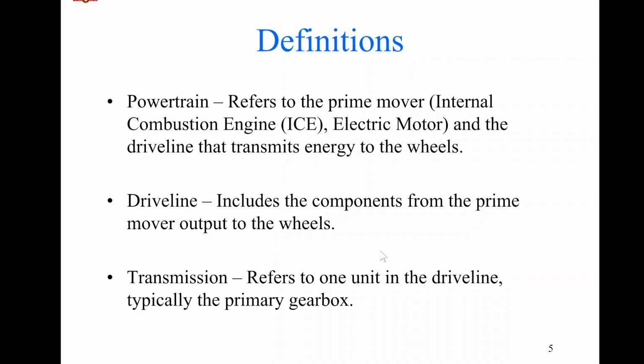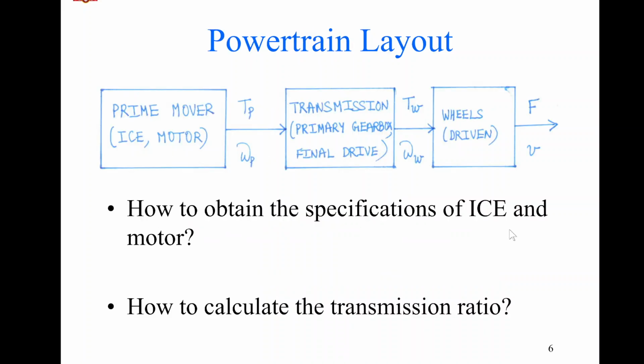Then you have the transmission, which typically refers to a primary gearbox. This is an illustration where you can see the prime mover, which generates some torque tau p at omega p, which goes to a transmission, which includes your primary gearbox and final drive, which goes to the driven wheels, giving you force at the wheels and vehicle motion at some velocity v.